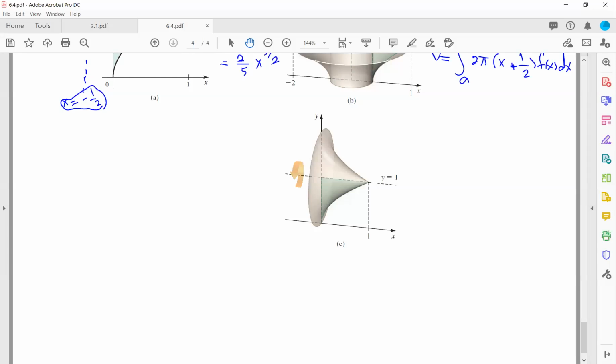Disk, okay, disk. Any other suggestion? We have one function, okay, not sure. Think, take a minute or two, think about this.